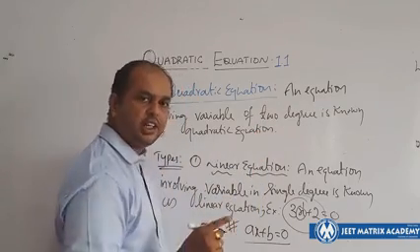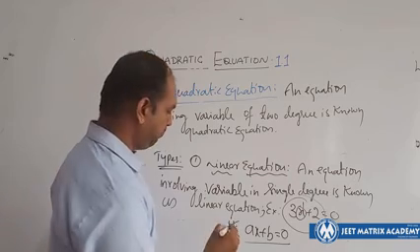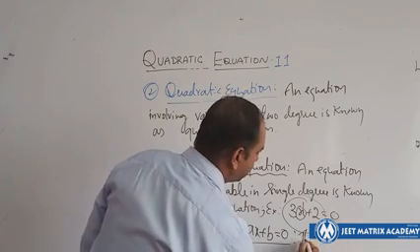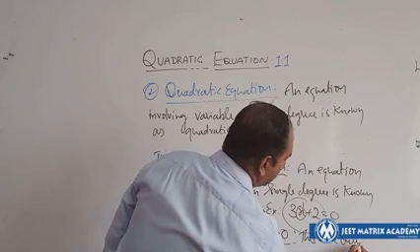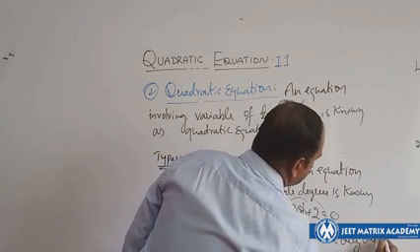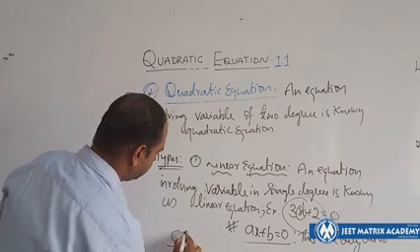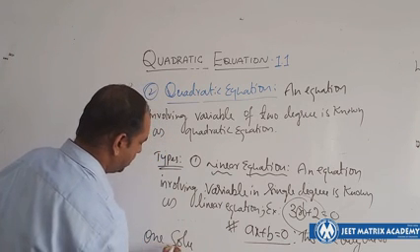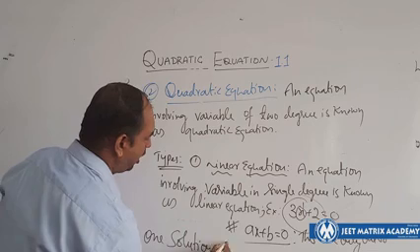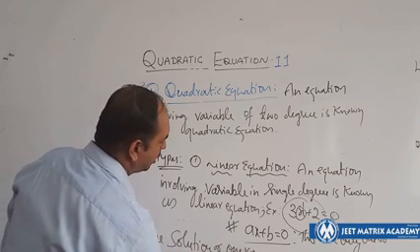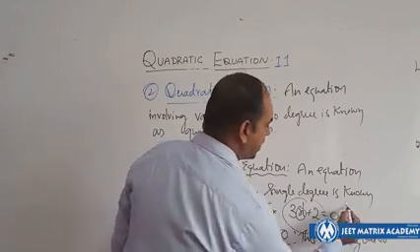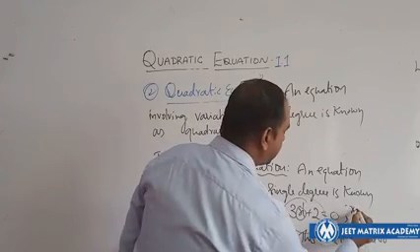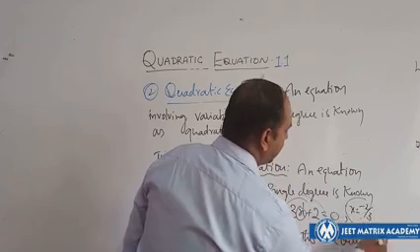Remember, in case of linear equation, this has only one solution or one root. I mean to say, if you solve this, what do you get? x equal to minus 2 by 3.